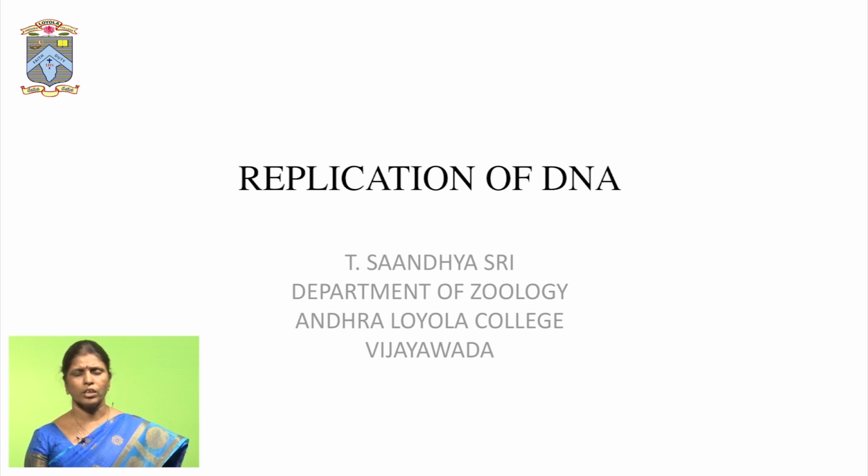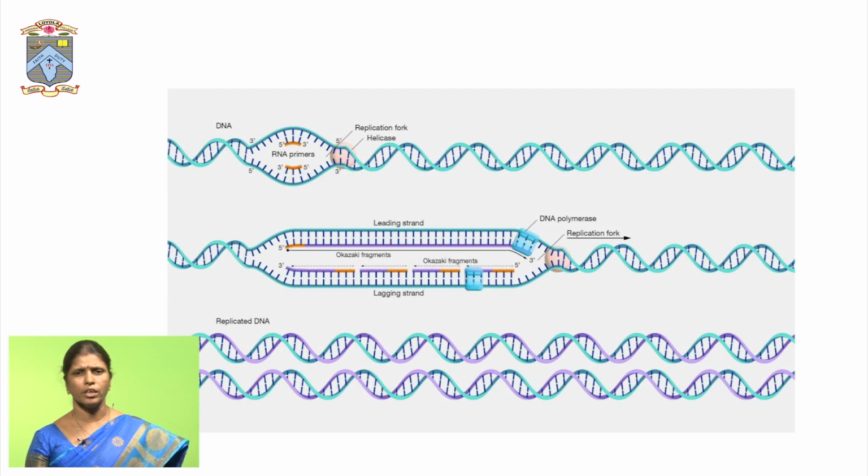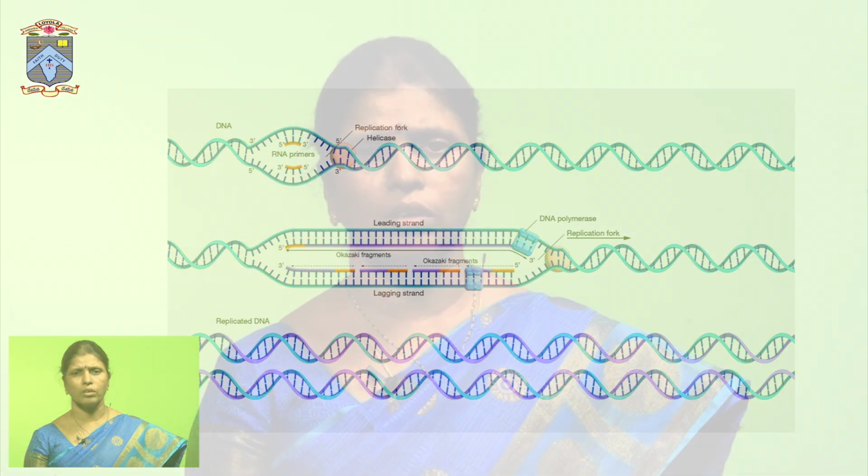If we look into the structure of DNA, it consists of two polynucleotide chains that are directed from the 5 prime end to 3 prime end, and they are held in opposite directions. That is why we describe it as anti-parallel to each other, and these two strands are held together by hydrogen bonds between complementary bases.